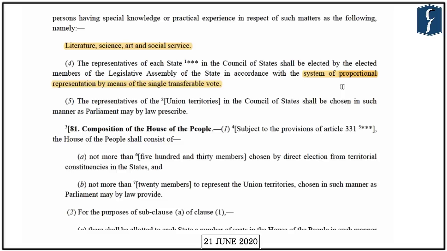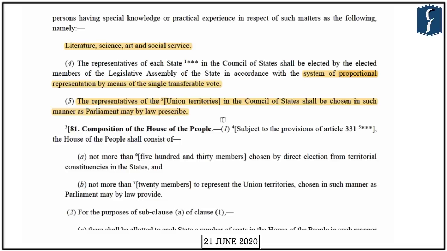So as far as the representatives of the states are concerned, Constitution has already defined the process. Whereas if you have a look at what it says about the representatives of the union territories, it does not define any process, because it says that the representatives of the union territories in the Council of States shall be chosen in such manner as Parliament may by law prescribe. So this is one of the most important things to remember.